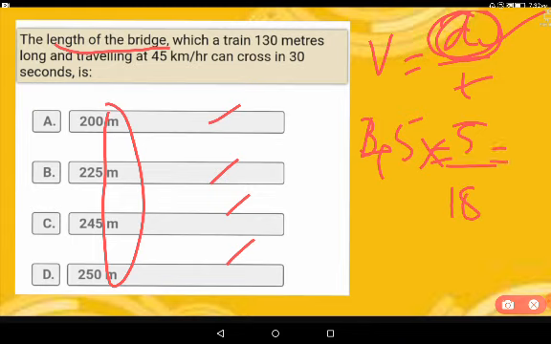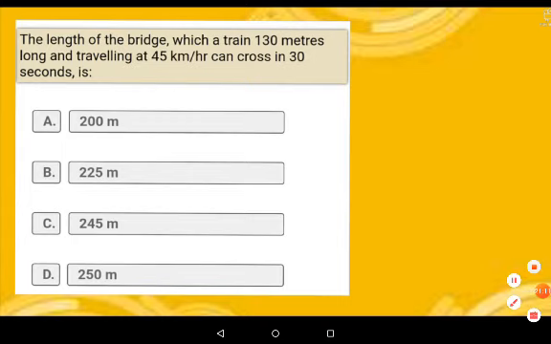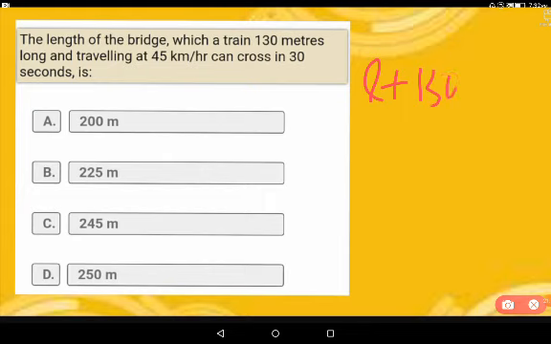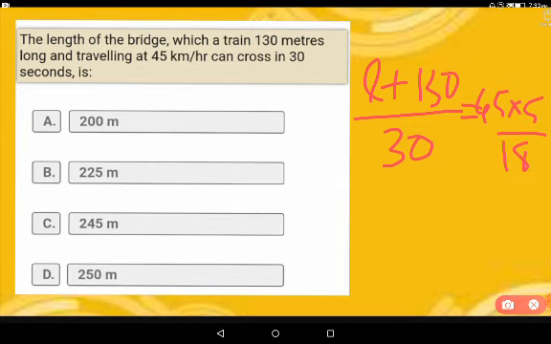This is equal to D. Let the length of the bridge be L. So L plus 130 divided by time 30 is equal to 45 into 5 divided by 18. This will be L plus 130 is equal to 45 into 5 into 30 divided by 18.